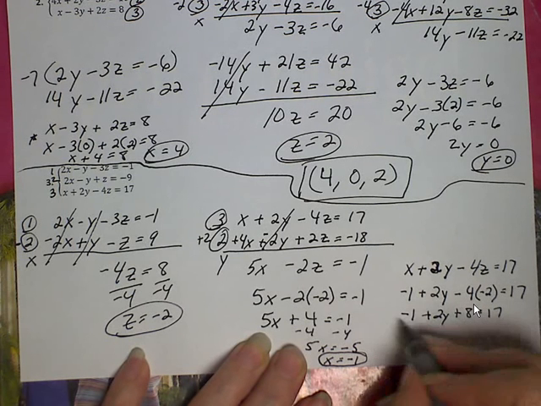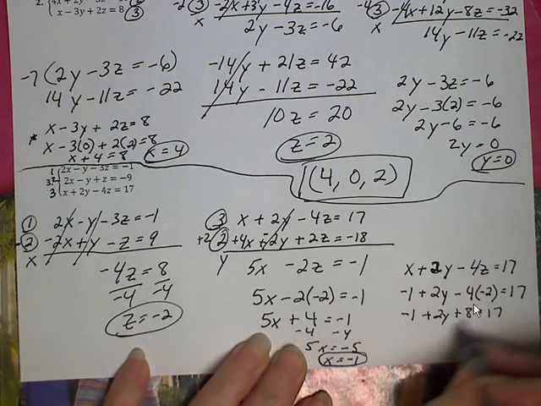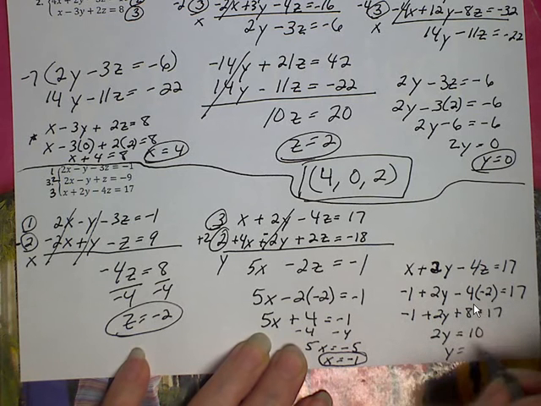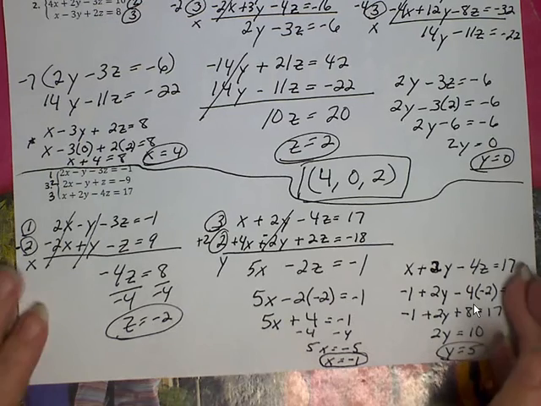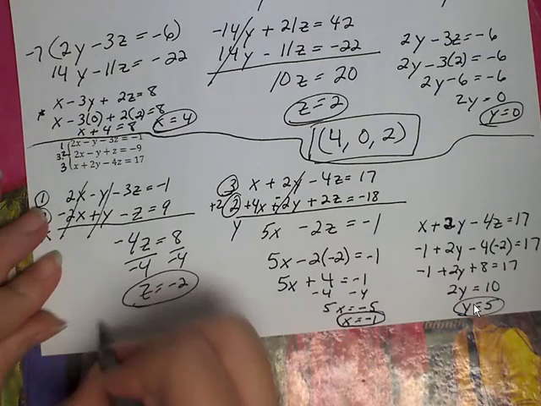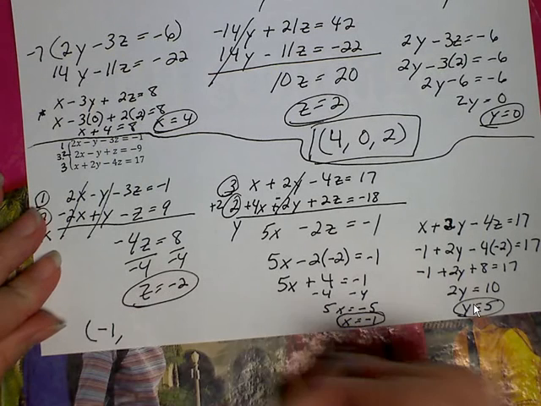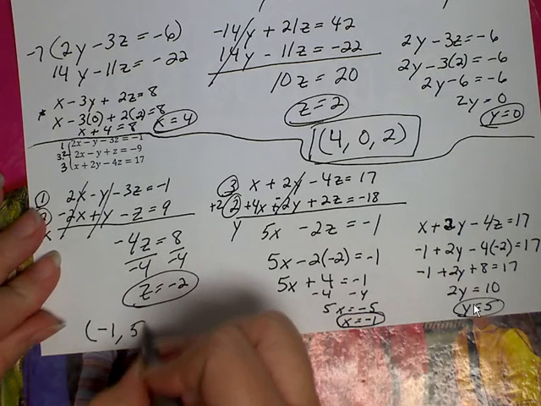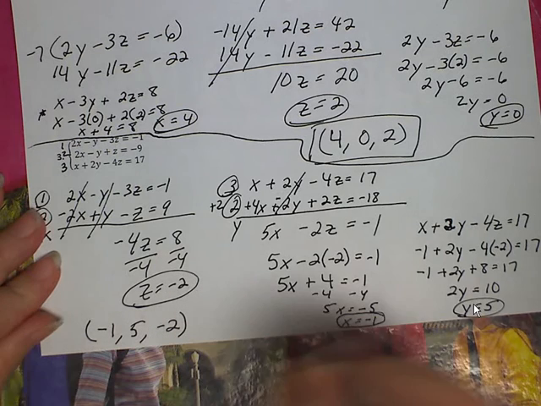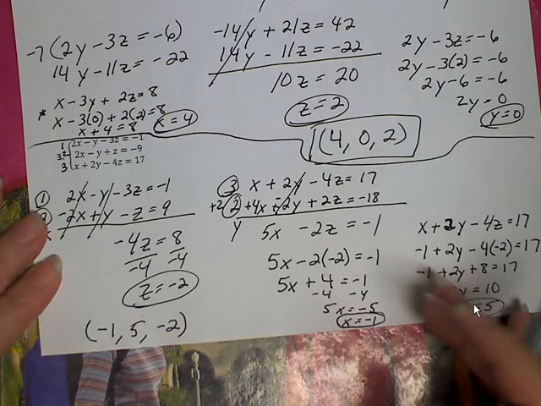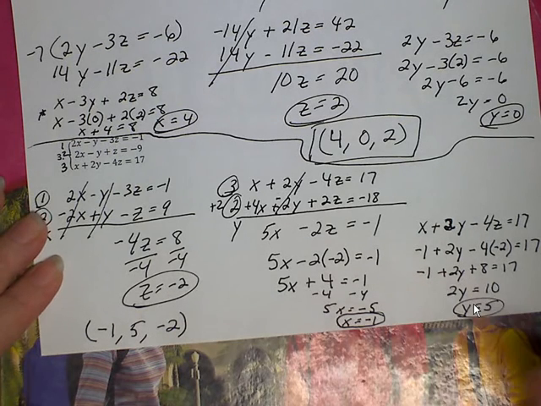That's a 7. So I have 2y is equal to, subtract 7, 10. So y is equal to, divide by 2, 5. So hopefully our answer should be x, y, z: negative 1, 5, negative 2. And that is right.